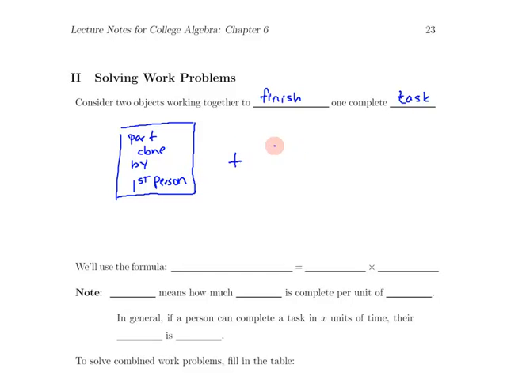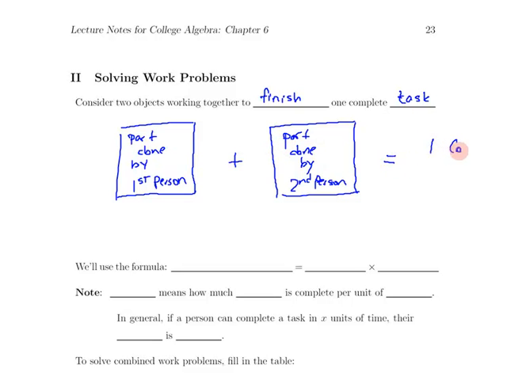But it's going to be done by the first person or first object. Second, it's going to be the part done by the second person. We want the part, that is the fraction or percentage, however you want to think of it, done by the first person plus the fraction or percentage done by the second person needs to equal one complete job.